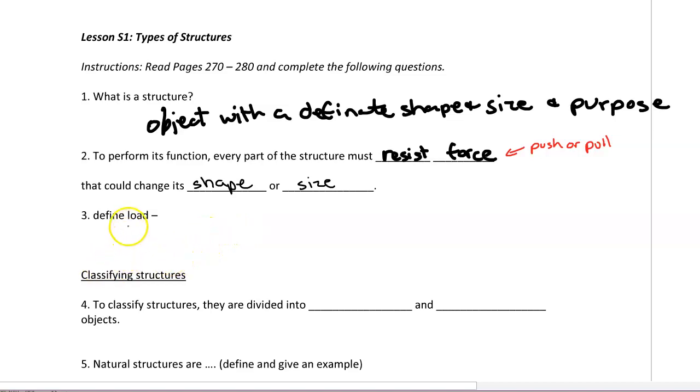When those forces are acting on this, they are really called loads. And specifically, we are looking at weights that are carried or supported by the structure.